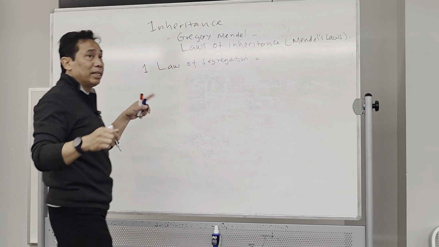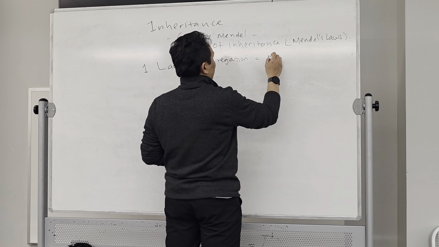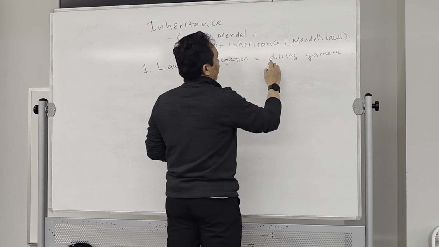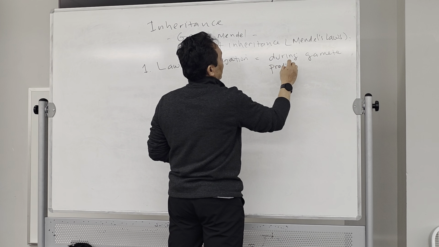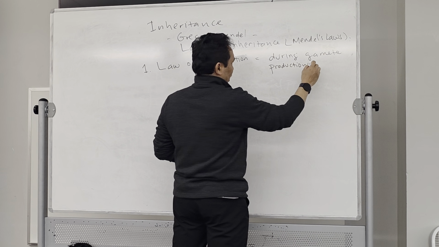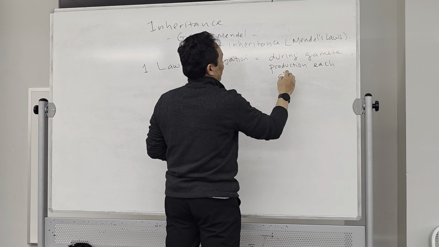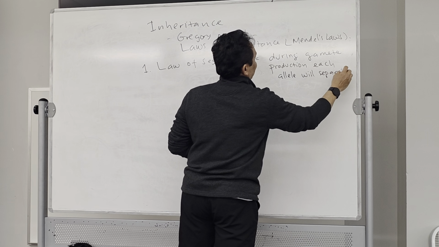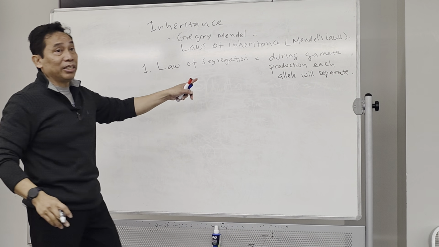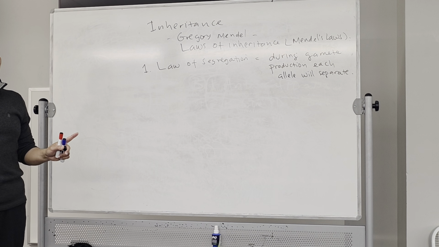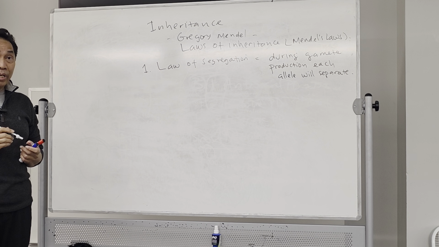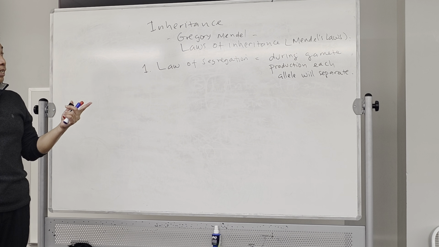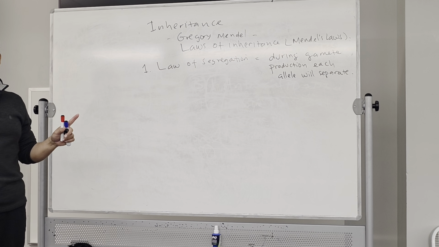This law says that during gamete production, each allele will separate. That's segregation. Segregate, separate during formation of gametes. What are gametes? Whether eggs or sperm. During formation of sperm or eggs, each allele will separate.